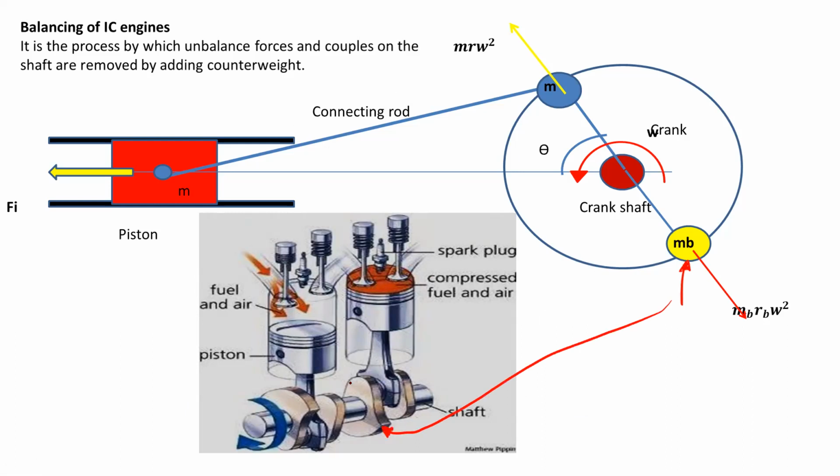This portion is called a balancing mass, and this will balance the unbalanced force created because of this piston or reciprocating motion of this piston. In order to find out the mass value and its proper position, we need the concept from the dynamics of machinery. So this is one application.